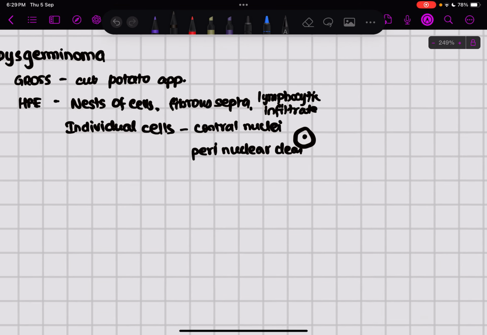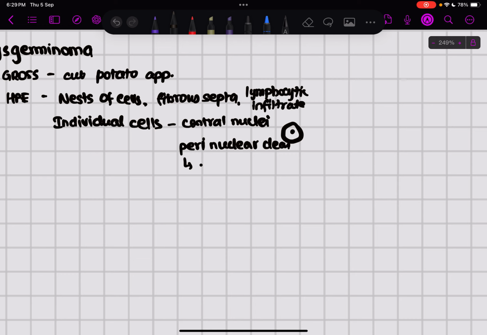This perinuclear clearing is occurring due to deposition of glycogen, and the whole appearance gives a fried egg.